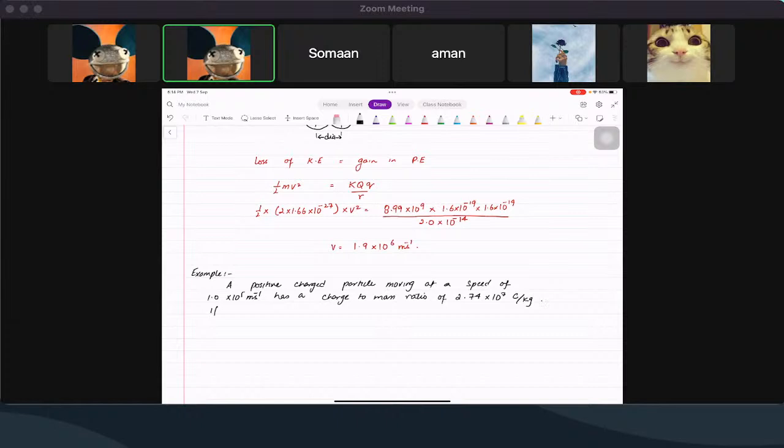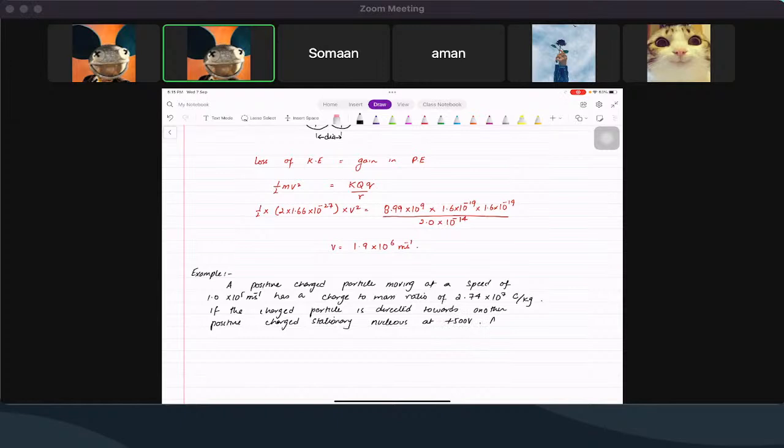Now it says if the charged particle is directed towards another positive charged stationary nucleus at plus 500 volts.